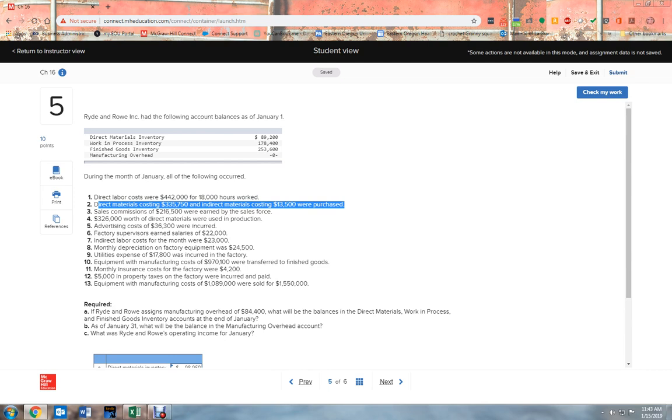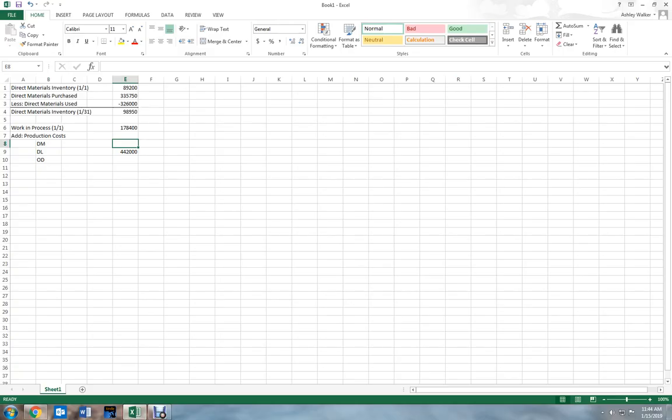That went into my inventory of direct materials, but I need to find out how much I actually used up, because that's not going to be the same number. $326,000 worth of direct materials were used in production. That's the production cost I need to apply to my work in process. That's what I actually used up.